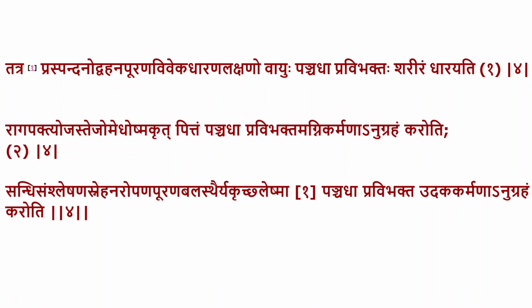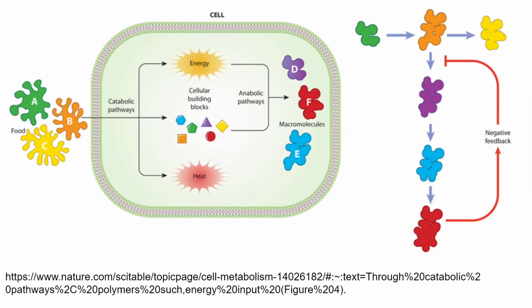Now, when you say the Vata dosha, it's not only the nervous system. If you look at a single cell also, in a single cell you have these components. There is always a negative feedback mechanism when the energy is taken in. I have just taken this from a biology source. The whole cell is living because the nutrients or food is taken in, and then the food is digested by different chemical activity, and this digestion process is controlled by a negative feedback mechanism.